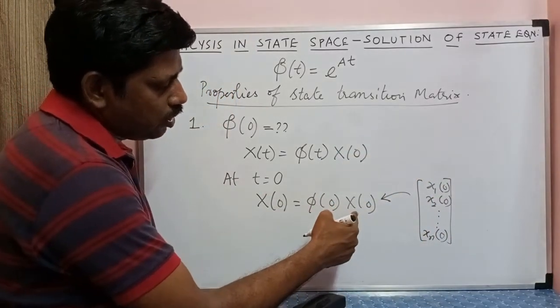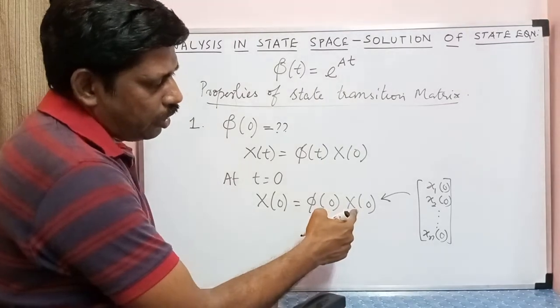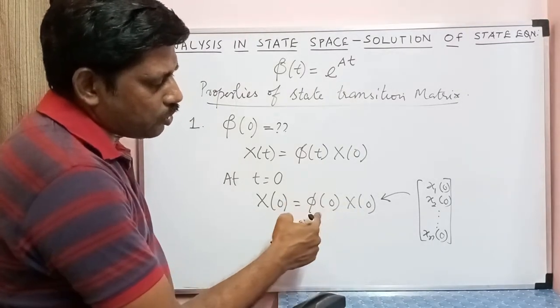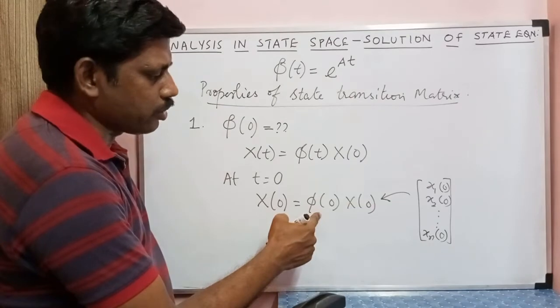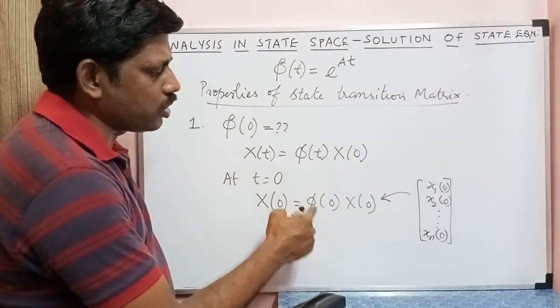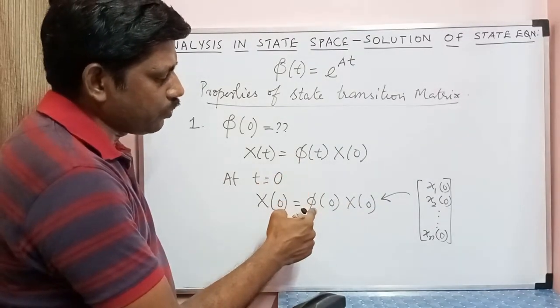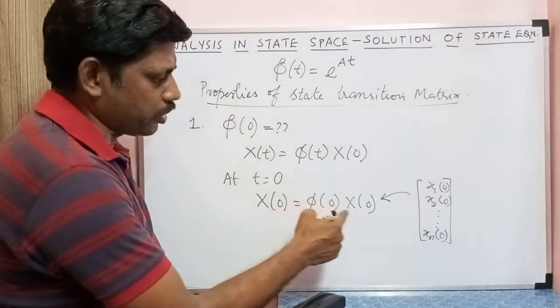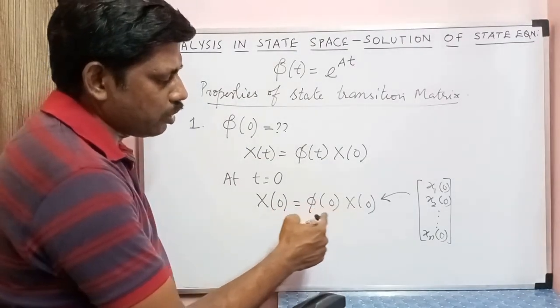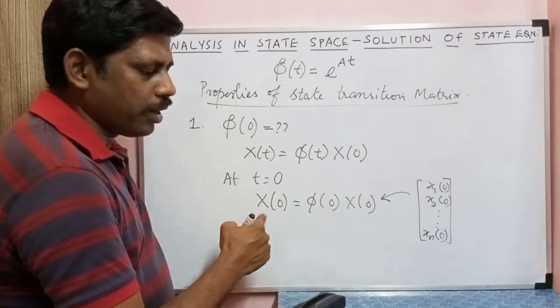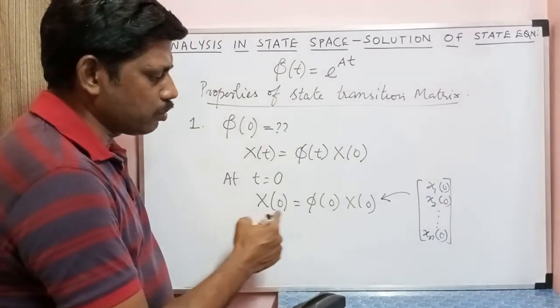I am multiplying that vector by a square matrix. We already saw that phi of t is a square matrix, and therefore phi of 0 is also a square matrix. So I am multiplying a vector by a square matrix and I get the same vector. What does it mean?